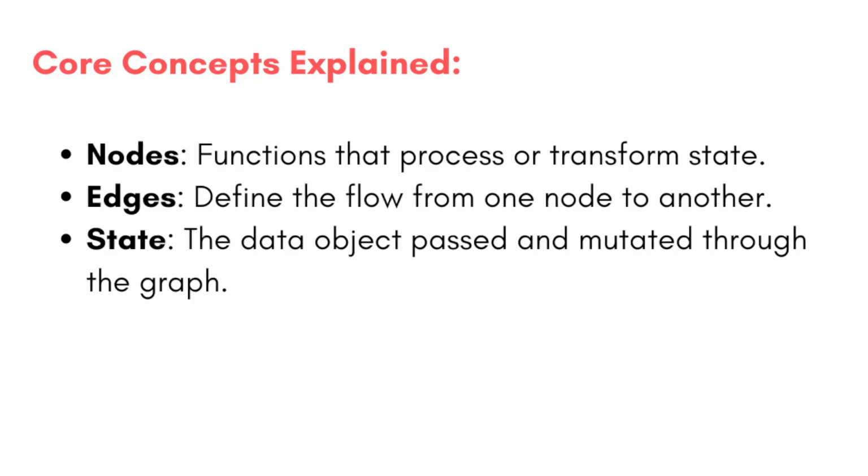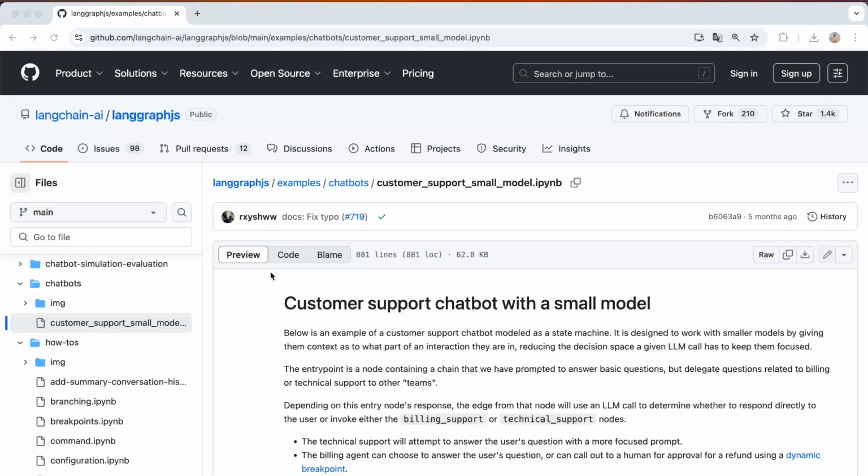LangChain and LangGraph are open source frameworks, so you can go to GitHub and explore the examples yourself. So if we go to GitHub, you see here that we have a customer support chatbot, and it's actually to give support to humans and to handle certain hotlines, for example.